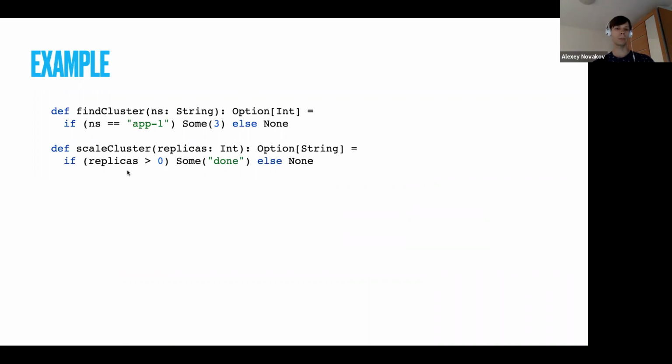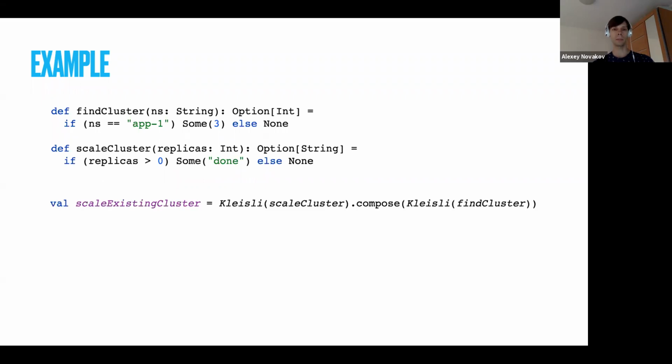And the second function wants to scale some cluster by looking at the number of replicas, doing something, and returning the result as a string. So in order to compose these two functions, we first want to call find cluster and then scale cluster if the cluster was found, if there was a Some.